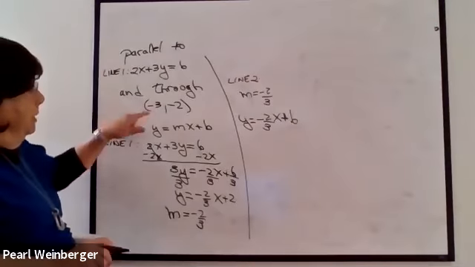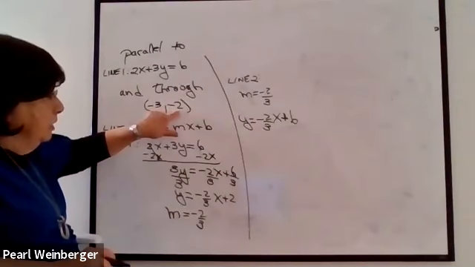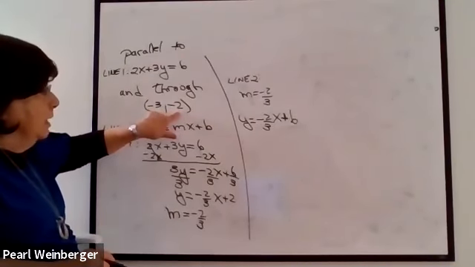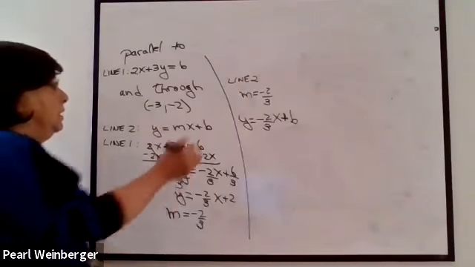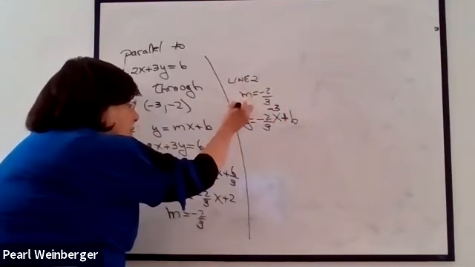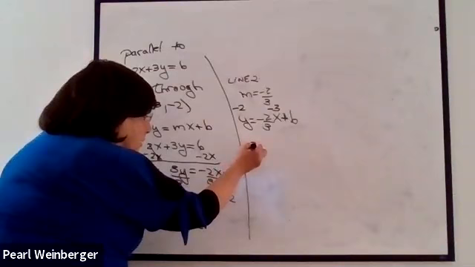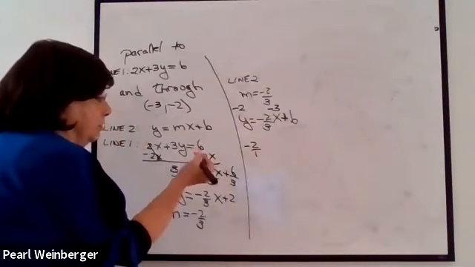So how do I go to the b? I take the point that they gave, and I was only given one, so I don't have a choice. I have to use that point and replace the x with -3 and the y with -2. So this will be -2. I'm going to put it over 1 again because of those fractions.